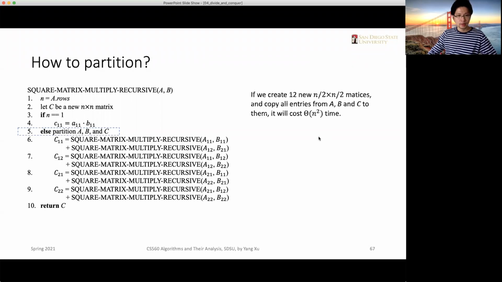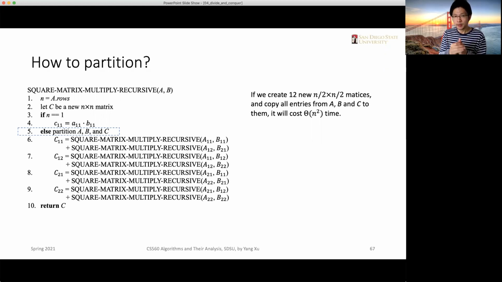So think about it. Because we need to divide 3 matrices and each one into 4 submatrices, we need to create 12 new matrices in total. What we need to do is to copy all the elements from the original place into the new submatrices.